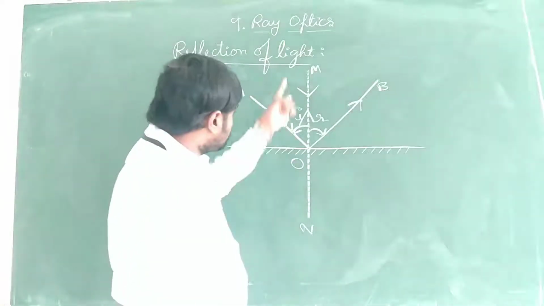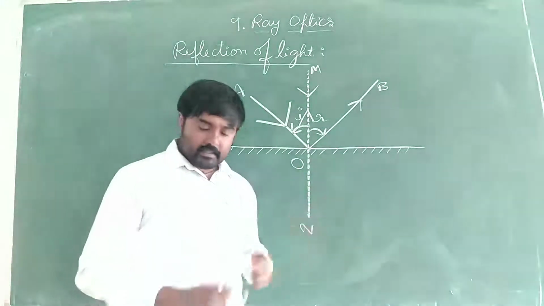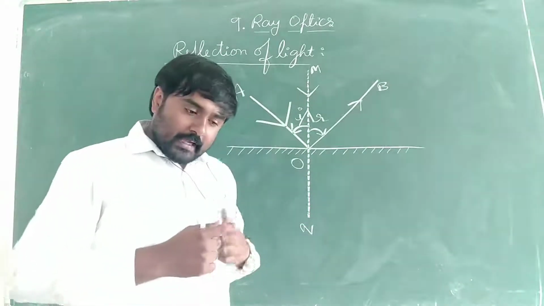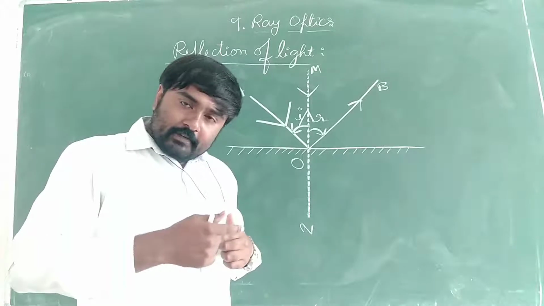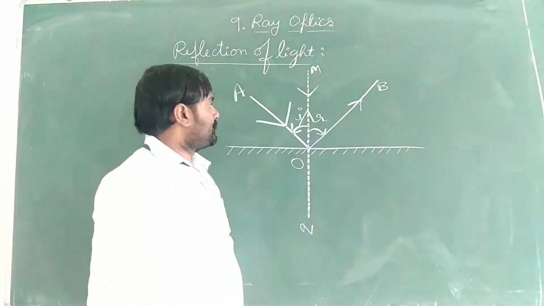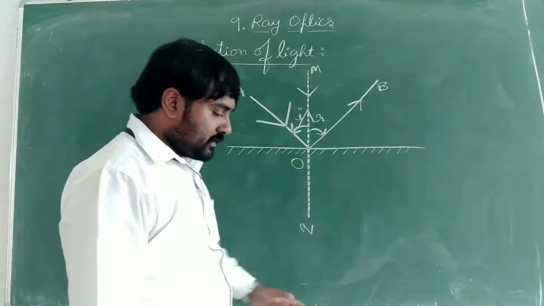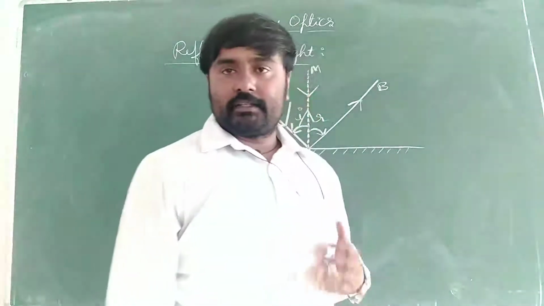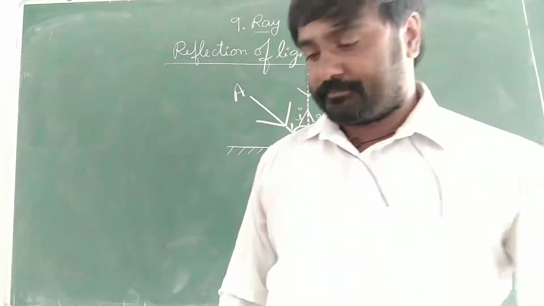Suppose a ray of light is incident normally, in that case the angle of incidence is equal to 0, the angle of reflection is equal to 0. After reflection, the ray retraces the same path. Okay, so this is about reflection of light.